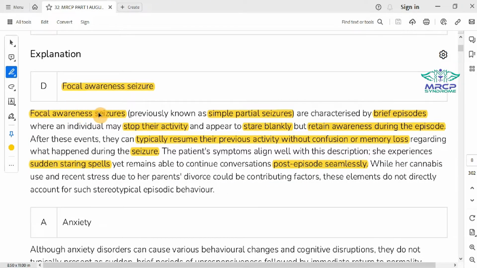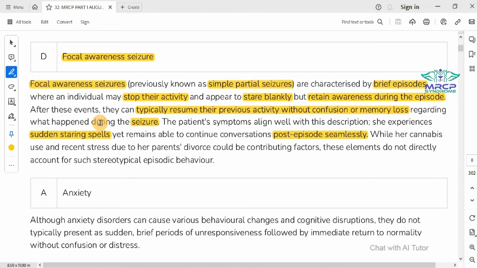Focal awareness seizure, previously known as the simple partial seizure, is characterized by brief episodes where an individual may stop their activity and appear to stare blankly but retain awareness during the episode. After the event, they can typically resume their previous activity without confusion or memory loss regarding what happened during the seizure.